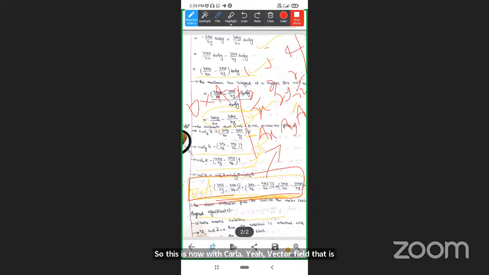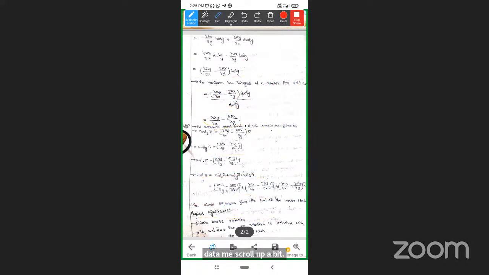Similarly, the divergence of a vector field is del dot F, and the gradient of a scalar field, and the Laplacian is del dot del f. These are all important theorems, especially the curl of a vector field. What is the physical significance of the curl of a vector field?